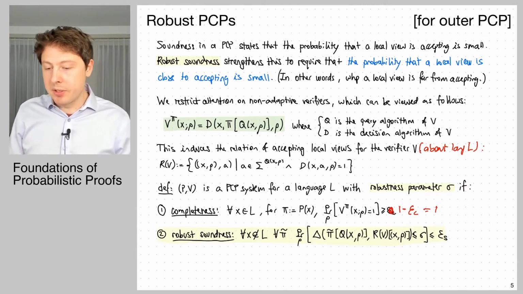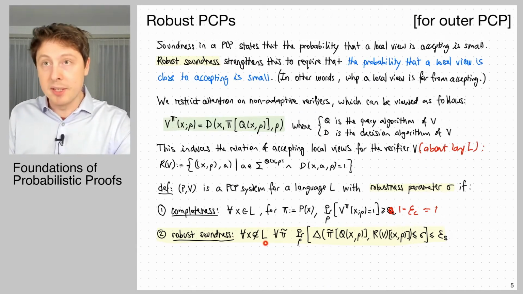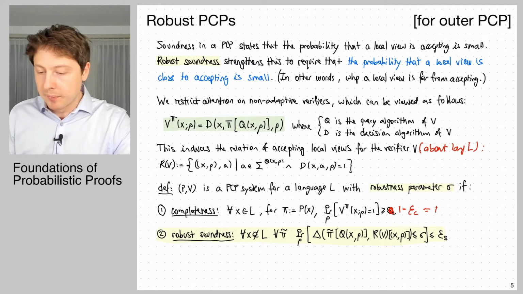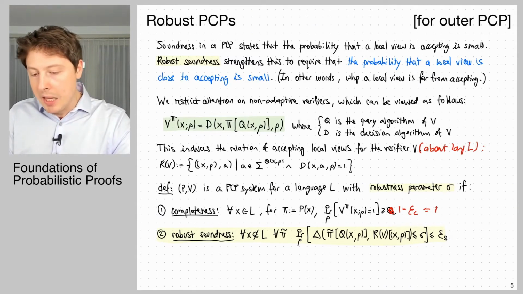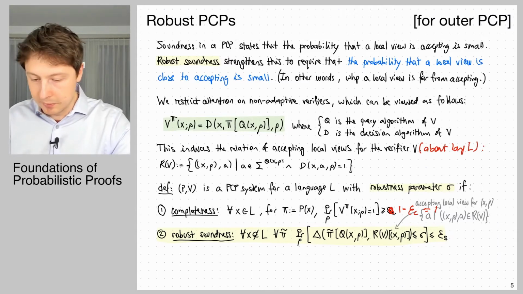The robust soundness condition is as follows. Let's parse it. It says for every X not in L, for every PCP, let's look at the probability that the local view is sigma close to some accepting view. And now what is this notation here?